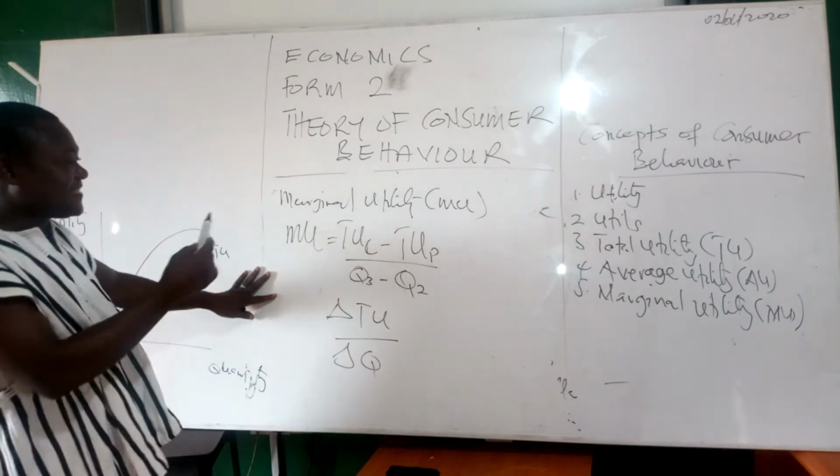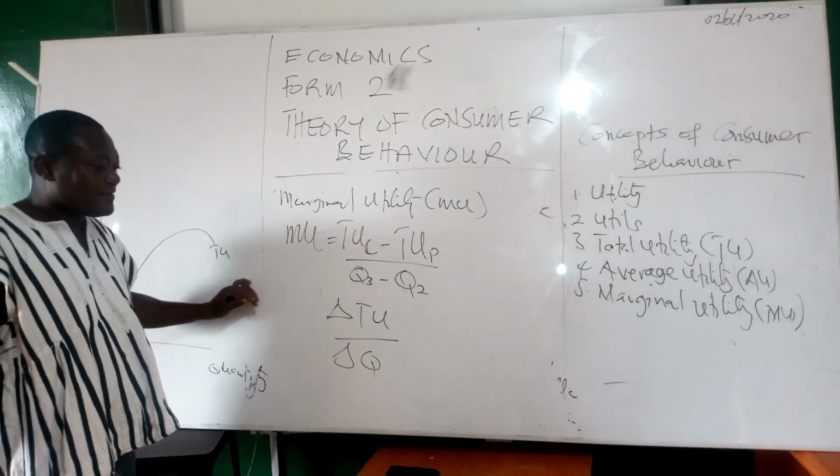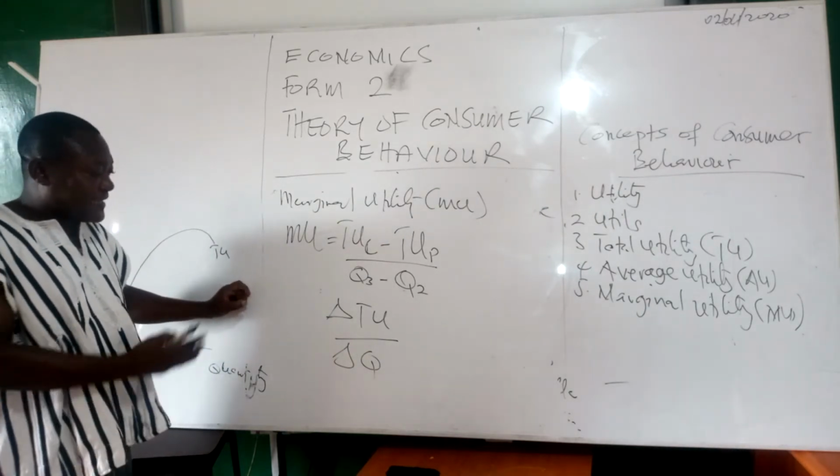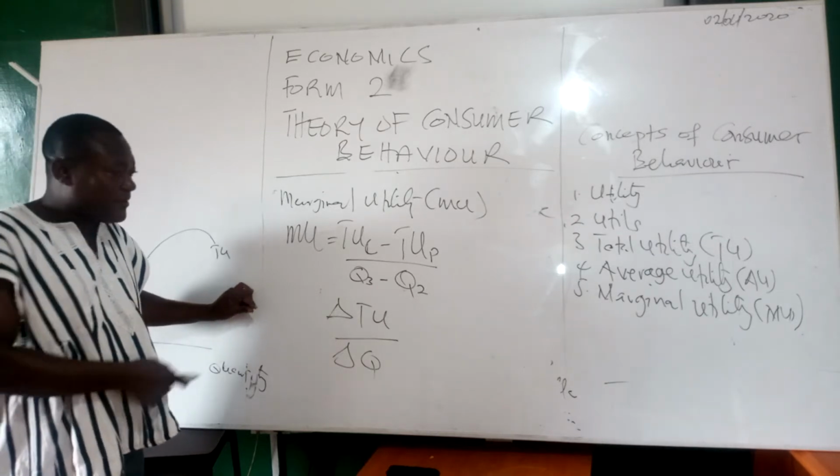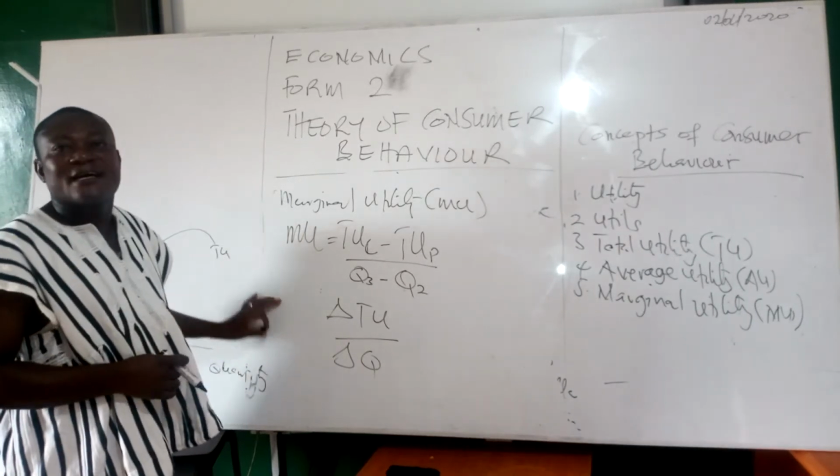Quantity. These are the two methods you can use to calculate your marginal utility.